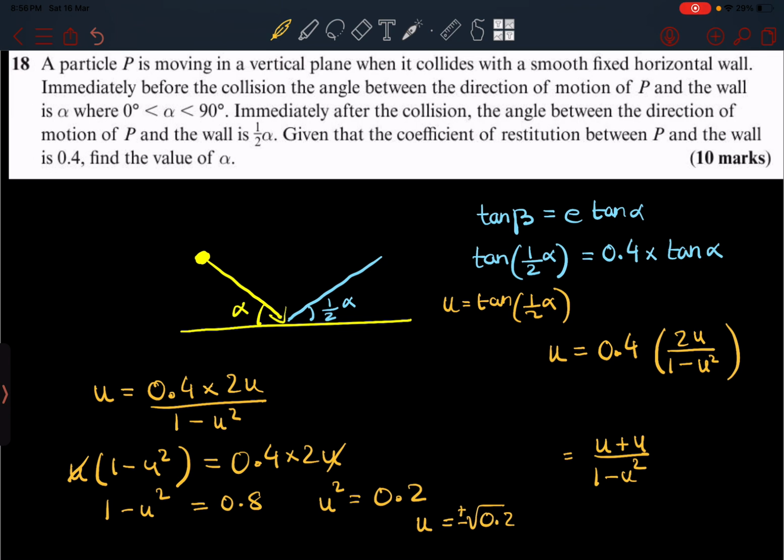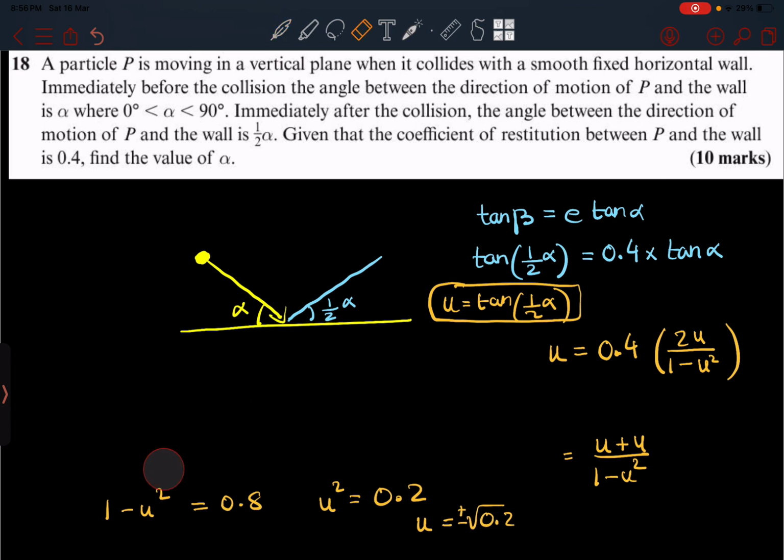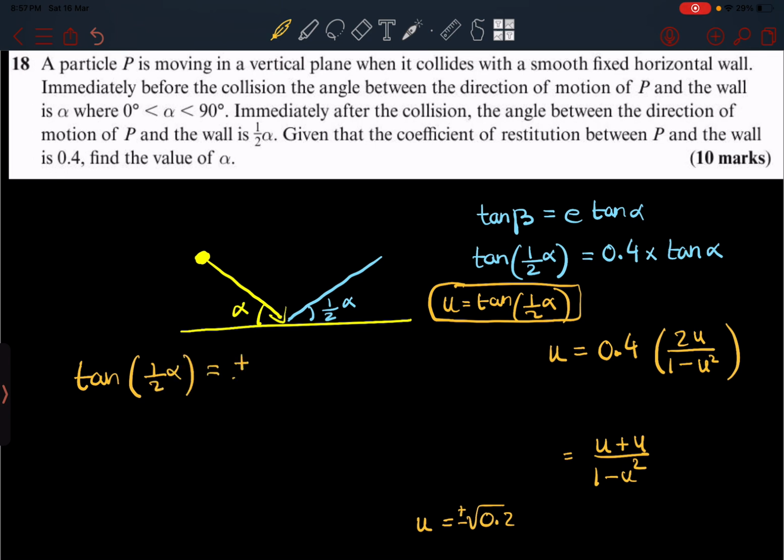So what is u? u is tan of half alpha. Now we're going to bring in some of our trigonometry lessons, and I can say tan of half alpha is equal to plus or minus square root of 0.2.